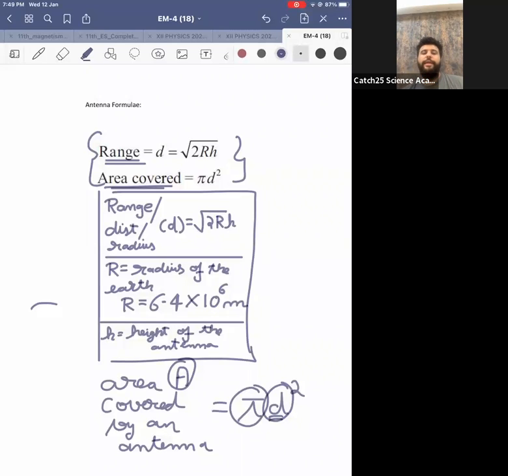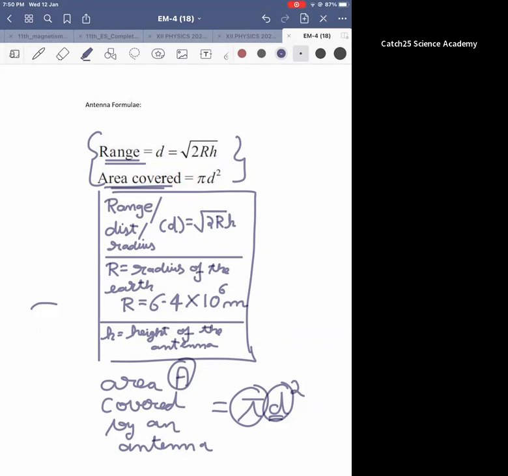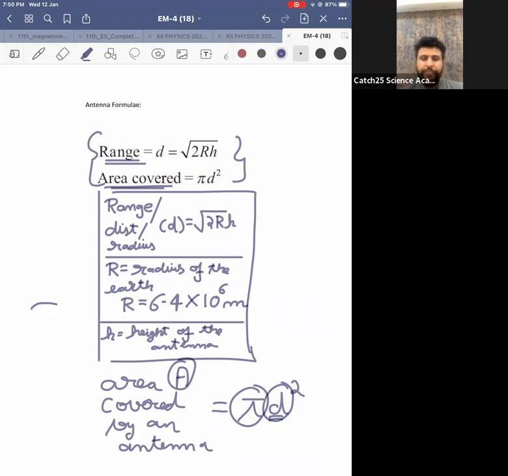It is general: area is meter square and range is meter. Okay, can we go to the problems?